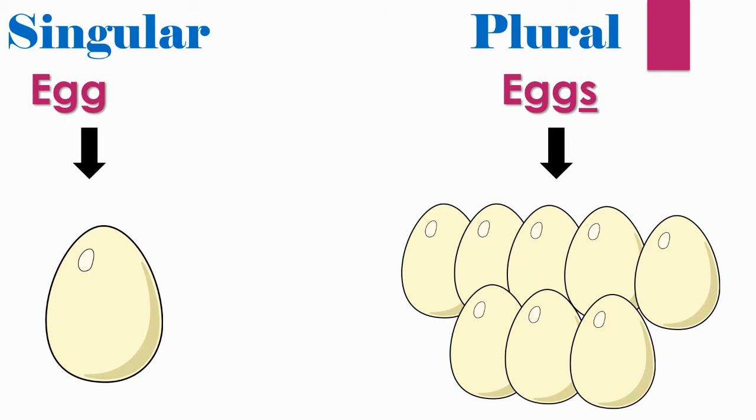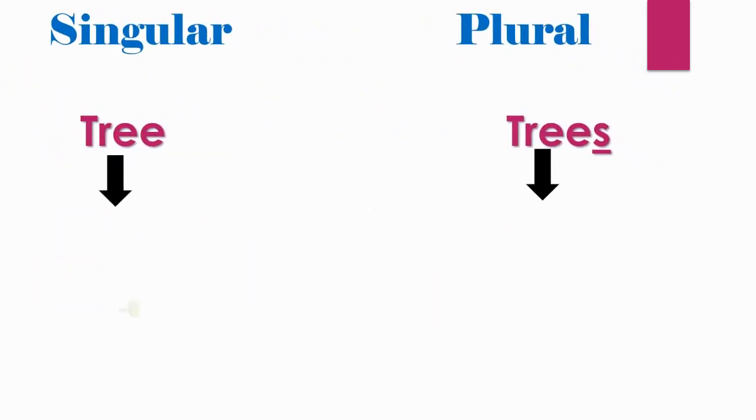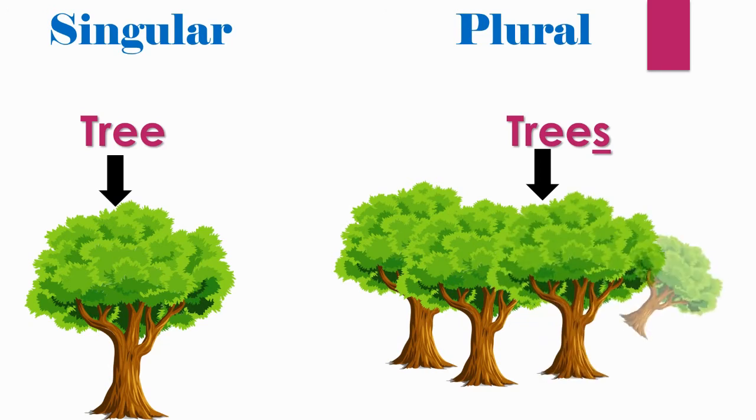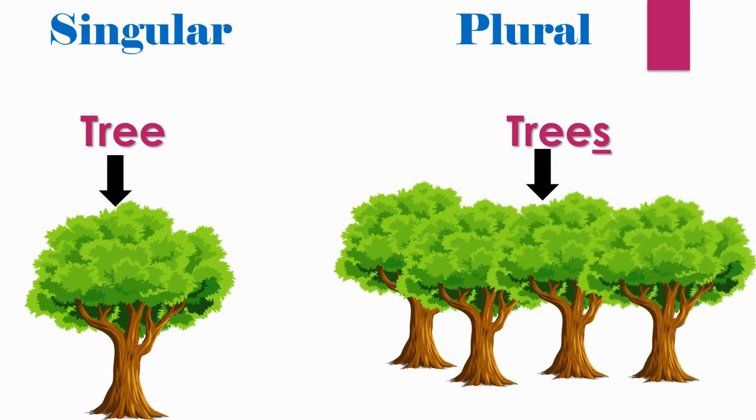Number of eggs in plural column is more than 1, so it is plural. Next example is tree, trees. Number of trees in plural column is more than 1, so it is also plural.